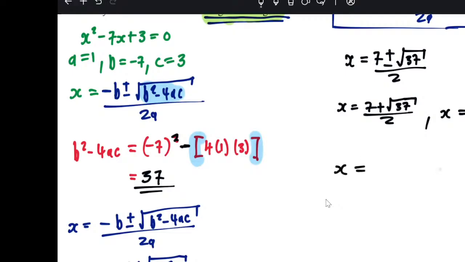to be what? Say open bracket, 7 plus root 37. Then you close, then you say divided by 2. What do you get? 6.54. Good. Then here, open bracket, 7 minus root 37, close bracket, divided by 2. What do you get?